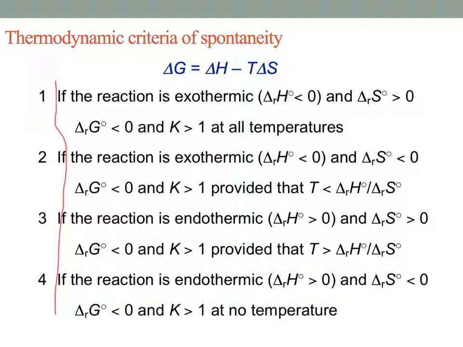If the reaction is exothermic, which means that the value of delta H is less than 0, so it will be negative, and the value of delta S is greater than 0, then both of these quantities will be negative. So of course, we can expect that the reaction Gibbs energy will be a negative value.